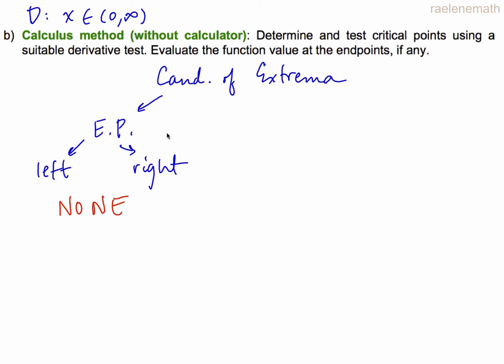And so the only possibilities for a maximum or a minimum occur at an interior point known as a critical point. A critical point is specifically a point for which y prime equals 0, meaning the original function has a horizontal tangent, or where y prime does not exist. And does not exist means something like 0 over 0 or non-zero over 0.